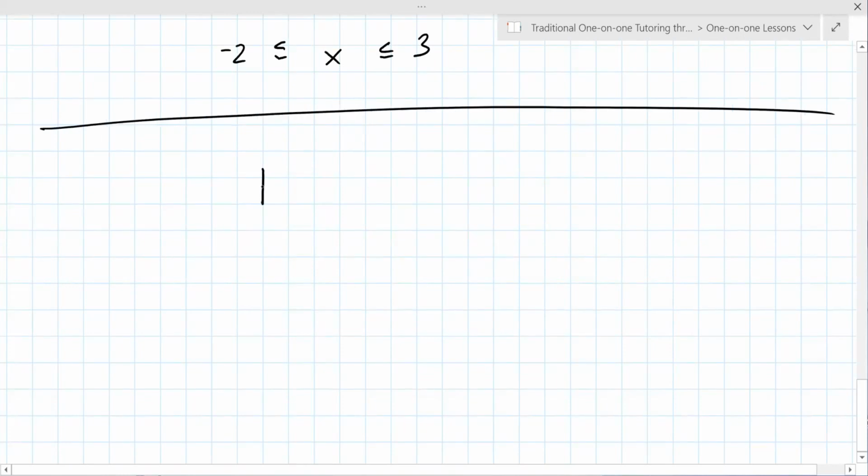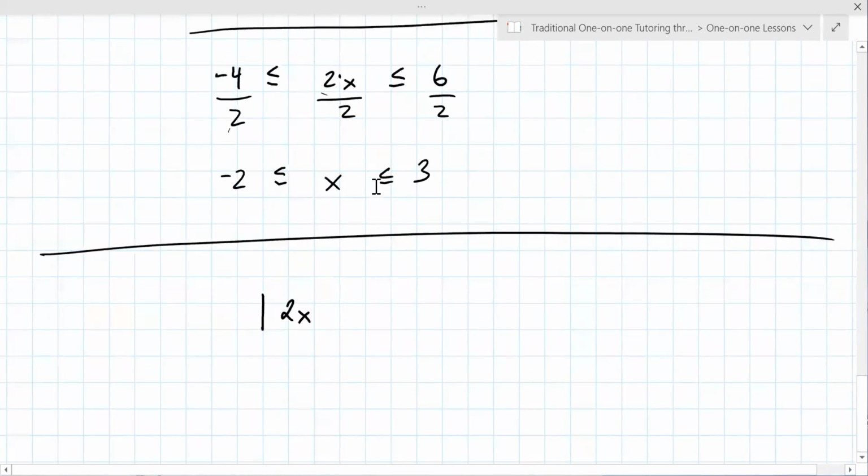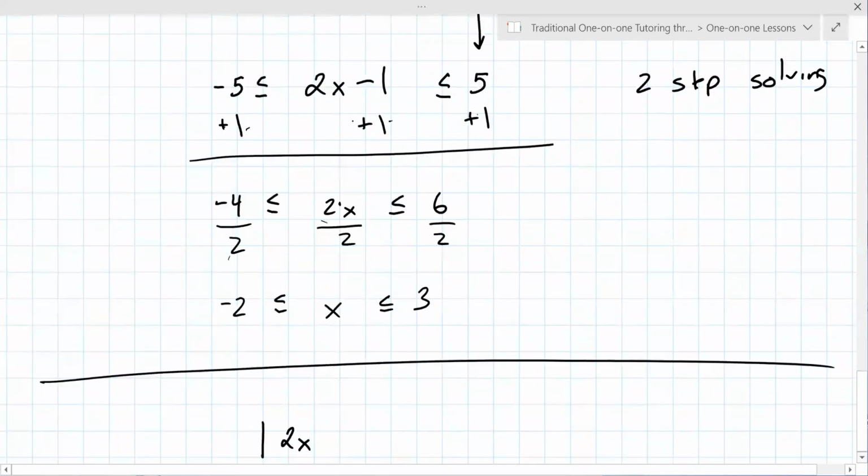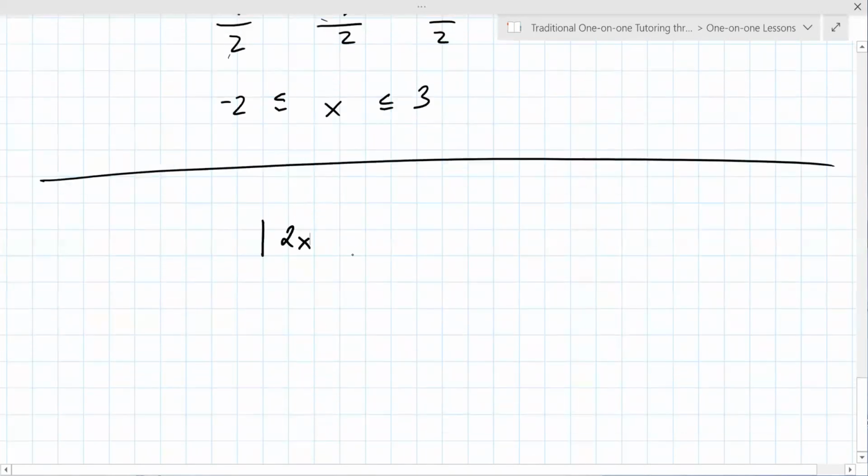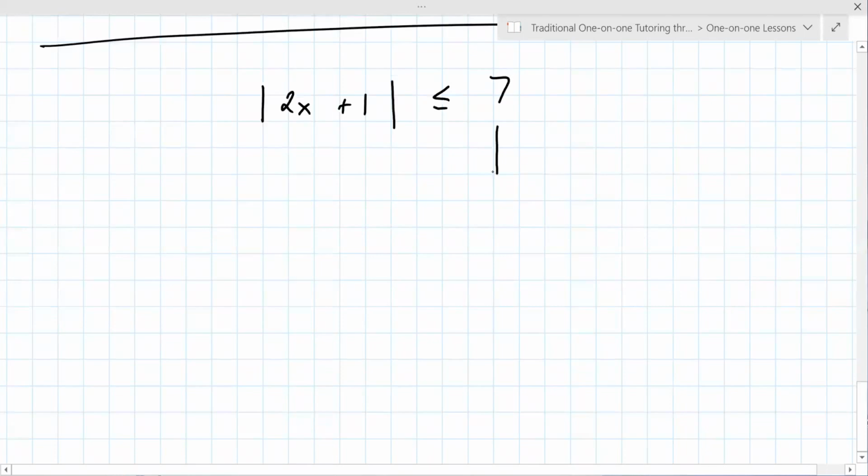Let's go absolute value 2x +1 this time, less than or equal to 7. Okay, so again, you're going to bring the 7 down.